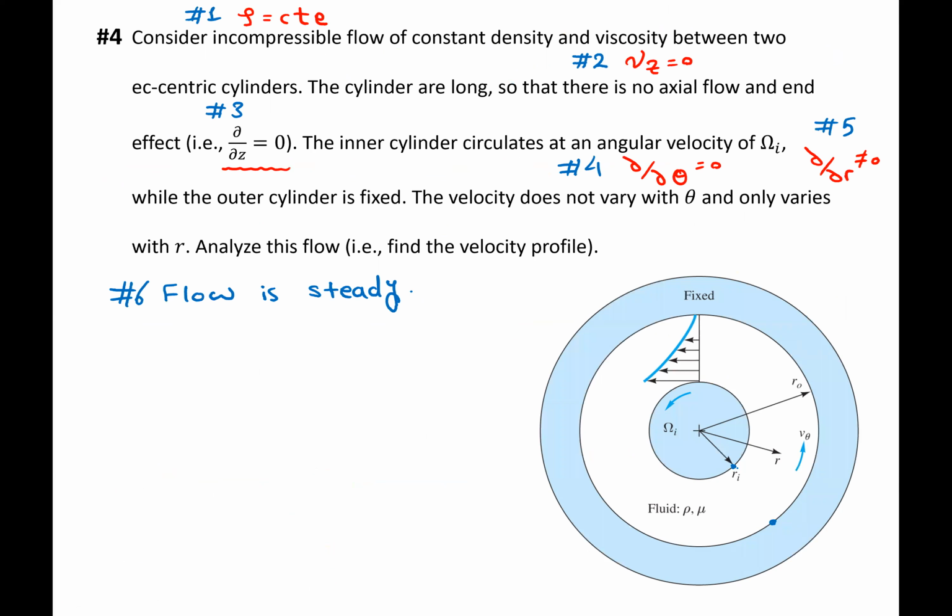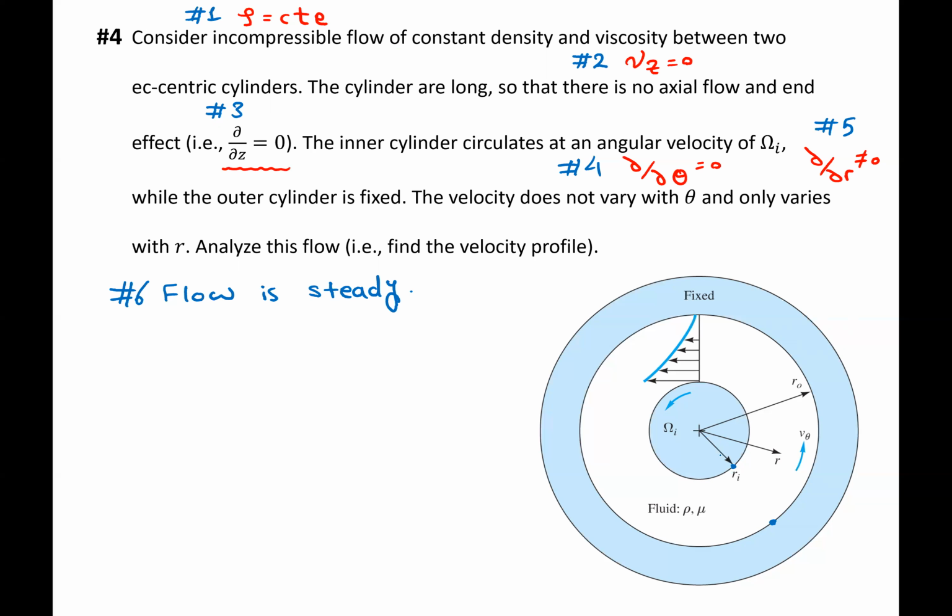It's like finding boundary conditions for flow between two flat plates. One of them was stationary, so velocity was 0 at y equal to 0. And then at y equal to h, when the upper plate was moving at the velocity of v, we would say that velocity of the flow is equal to v.